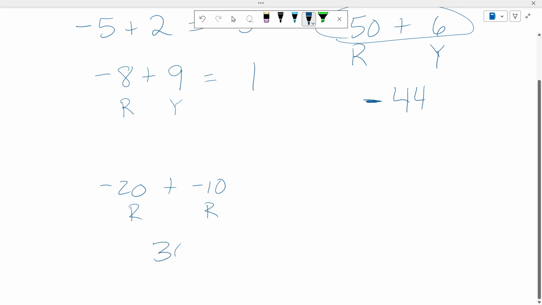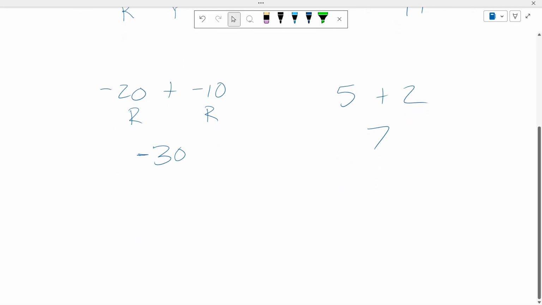They're all red, so they're going to be negative 30. We will have some that are positive. If I have 5 yellows and 2 yellows, how many yellows am I going to have? 7. So we will have some that are positive, some that are negative, and we just combine them together. Now, that's addition.